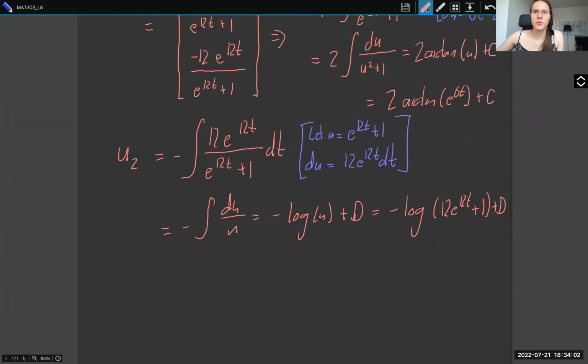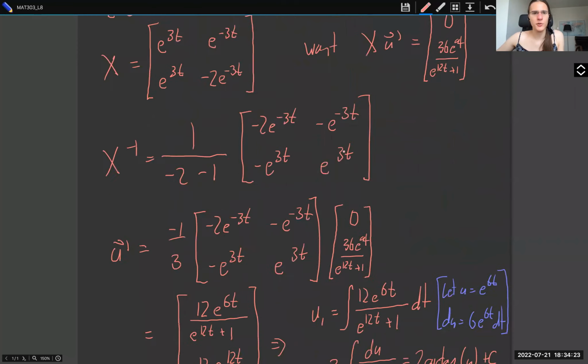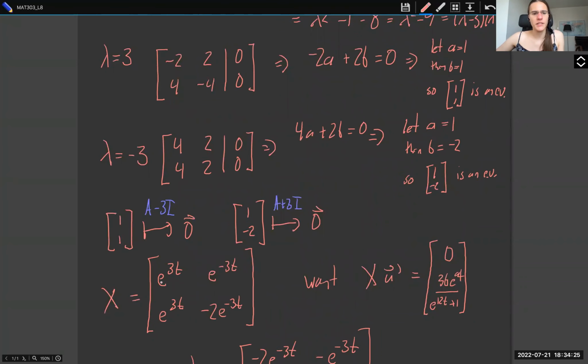Okay, so as a result, we found what u1 and u2 are. So x is equal to 2 arctan e to the 6t times what was our first solution? Our first solution was 1, 1 times e to the 3t.